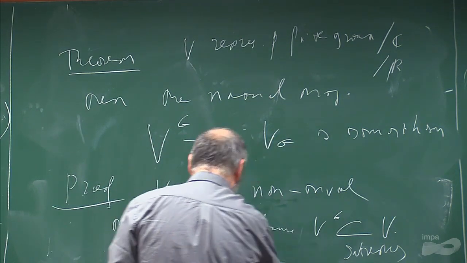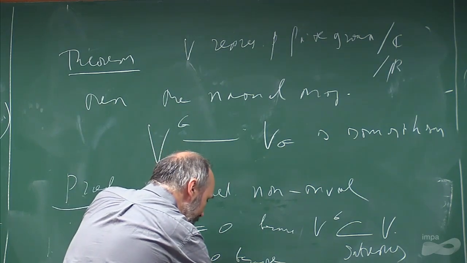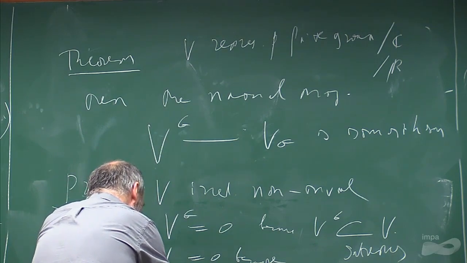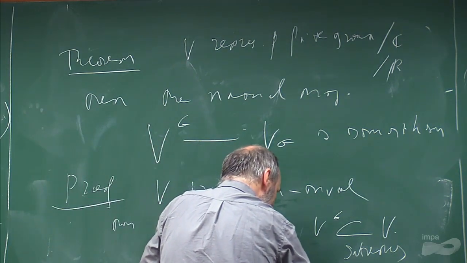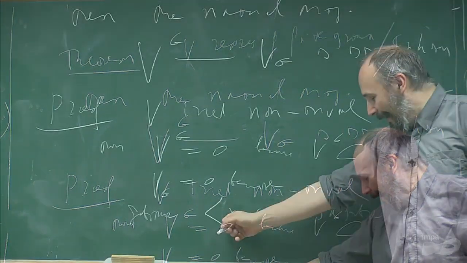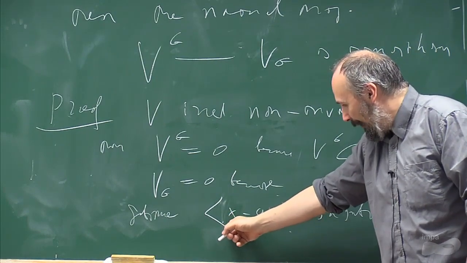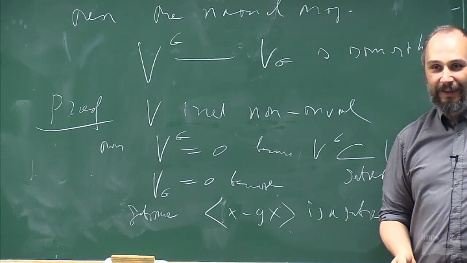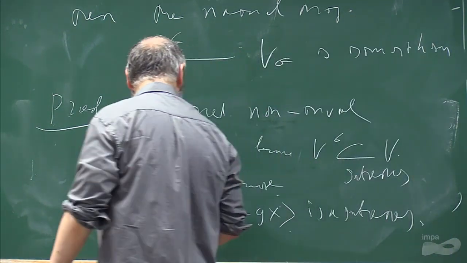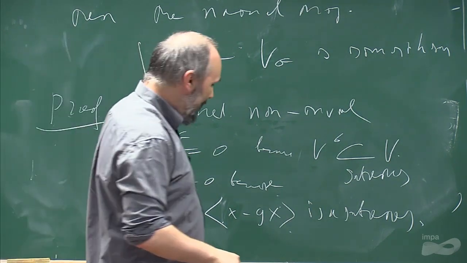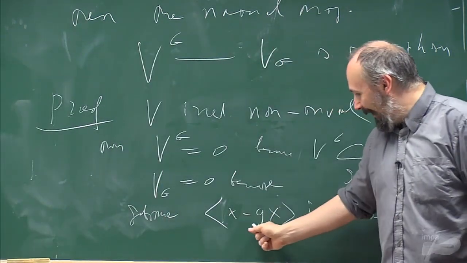Because the subspace generated by x minus gx is a sub-representation. Indeed, if you act by g prime on it, you will have g prime x minus g prime g x. So it is a sub-representation, and what is this subspace?